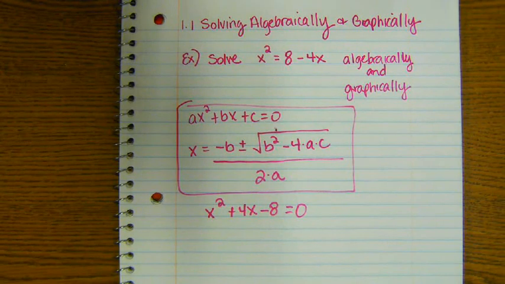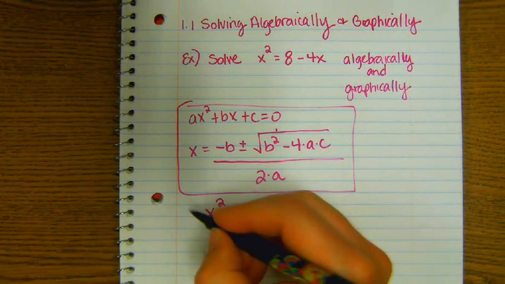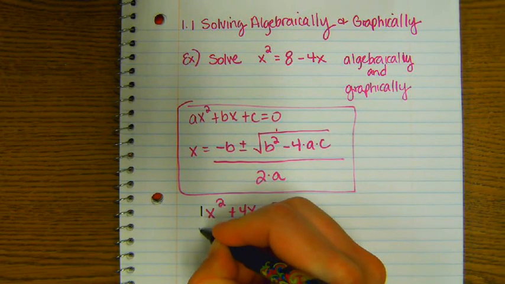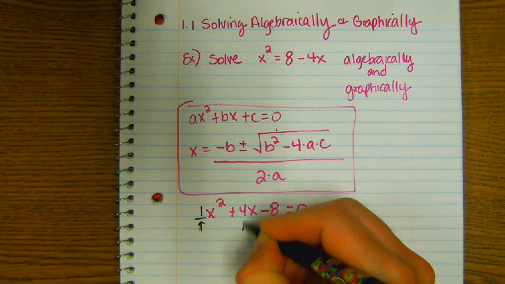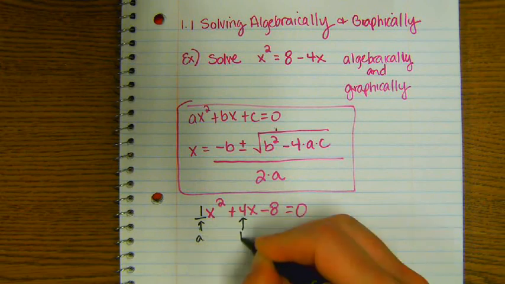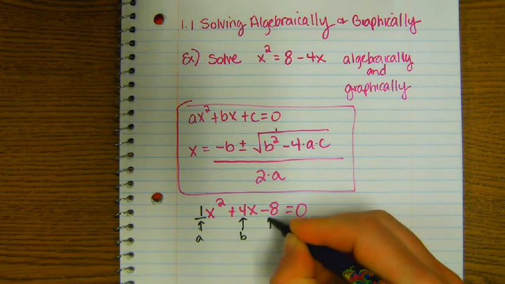So my A is 1, my B is 4, my C is negative 8.